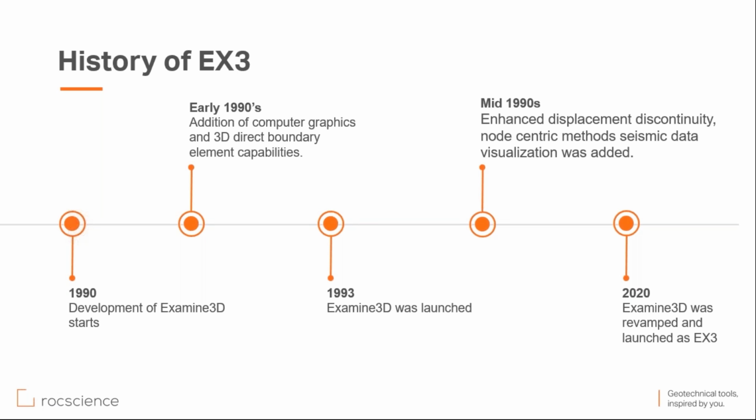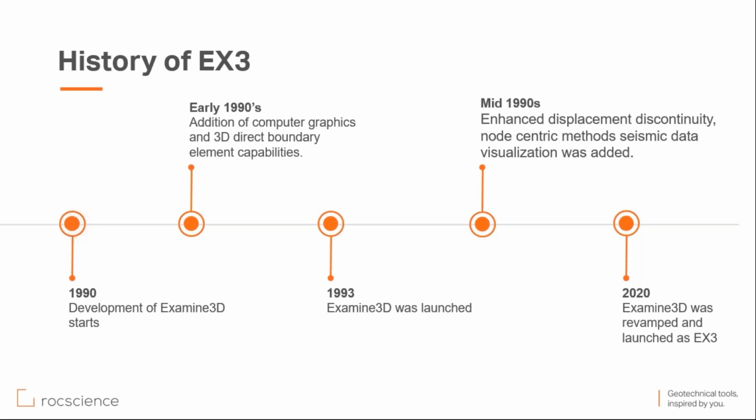If you want to know why we decided to release EX3, we need to go back to the 90s. A research group at the University of Toronto devoted a lot of effort to developing numerical methods in geomechanics. This research team, which later established Rocscience, realized the lack of 3D analysis software in the mining industry.